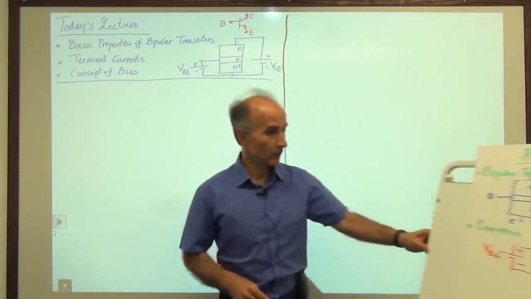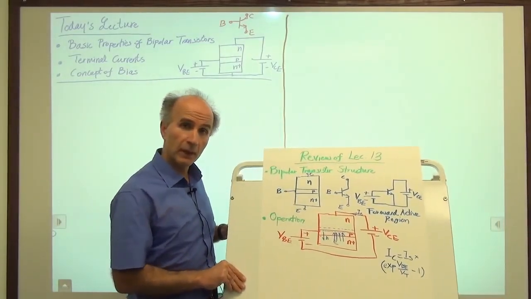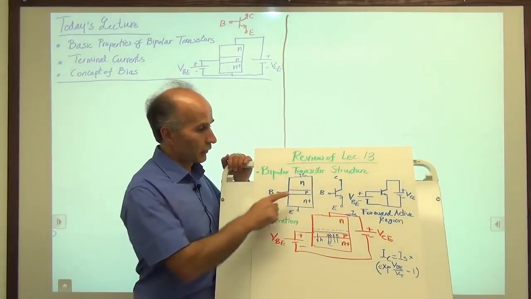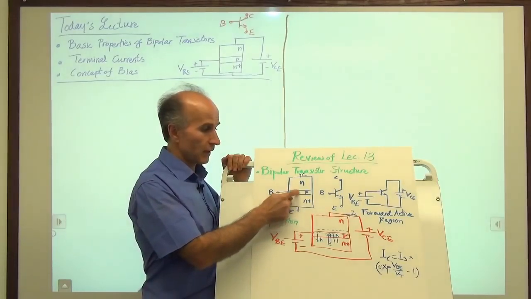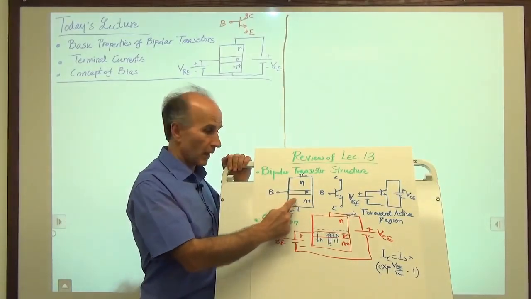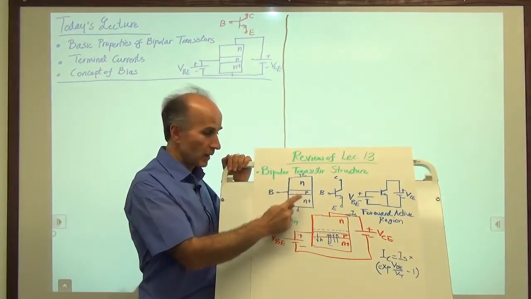So, we said last time that a bipolar transistor consists of two p-n junctions. So, three sections of semiconductors: an N section, a P section, another N section.